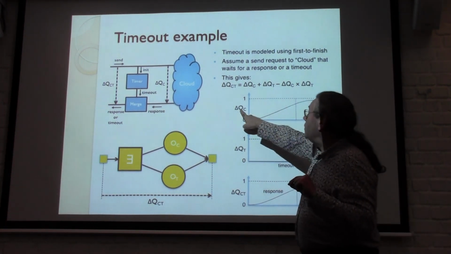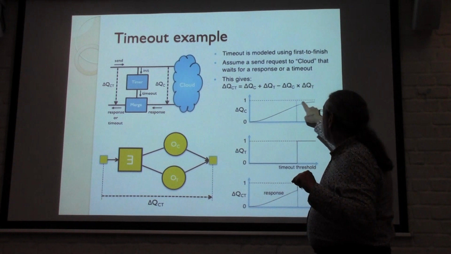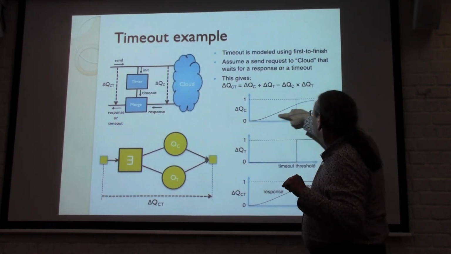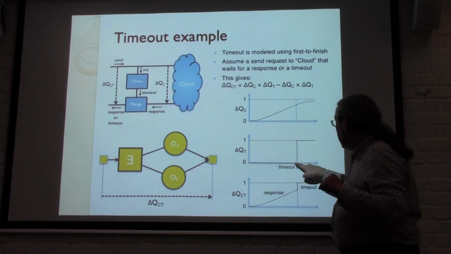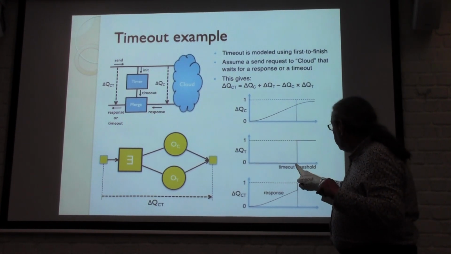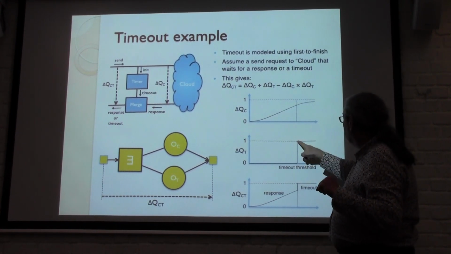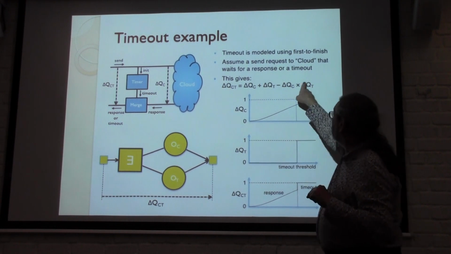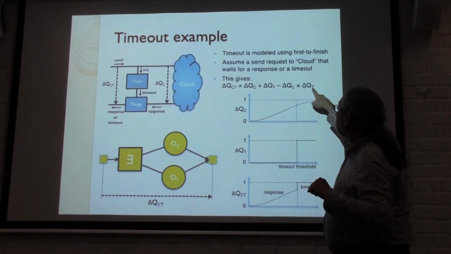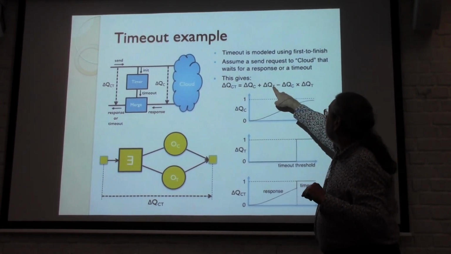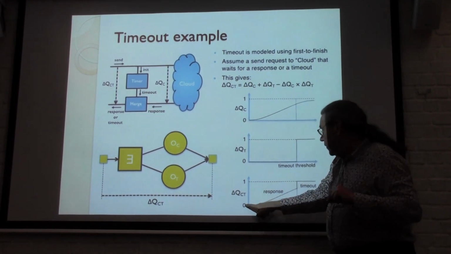Okay? So here's the cloud response, let's say, QC for cloud. Here's the timeout. It's exactly going from 0 to 1 at the timeout threshold. And if we do this computation here, QC plus QT minus the product, you get this.